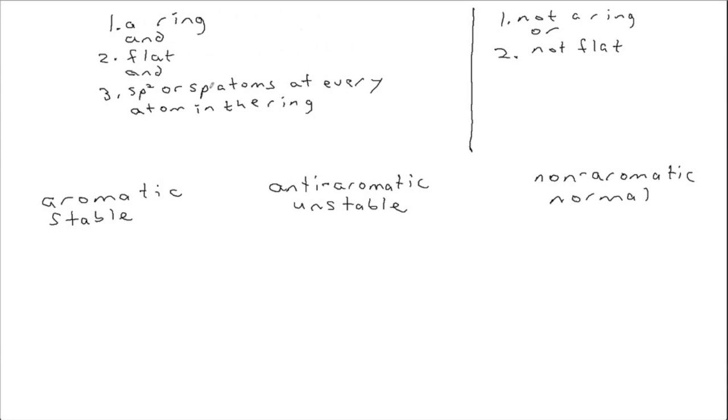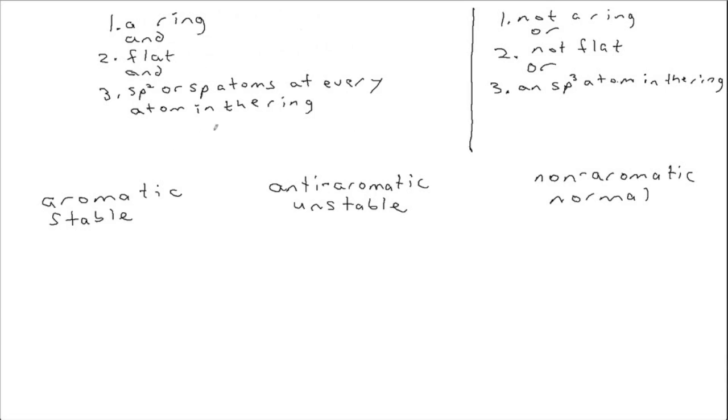We need to have an sp2 or an sp atom at every atom in the ring to be on the left-hand side. So if there is an sp3 atom in the ring, that would be automatically non-aromatic. Okay.